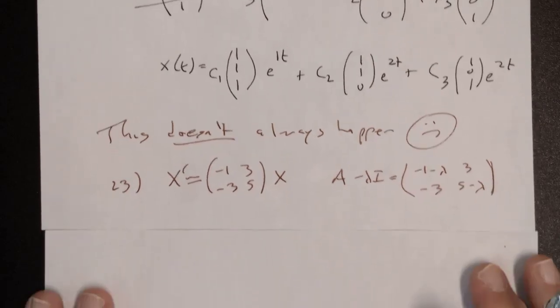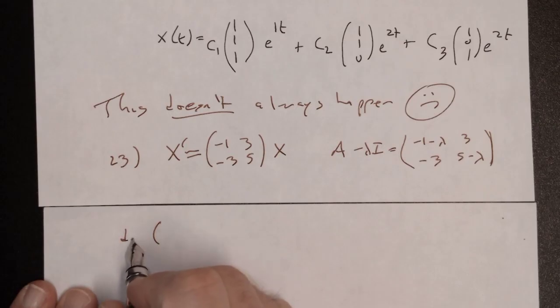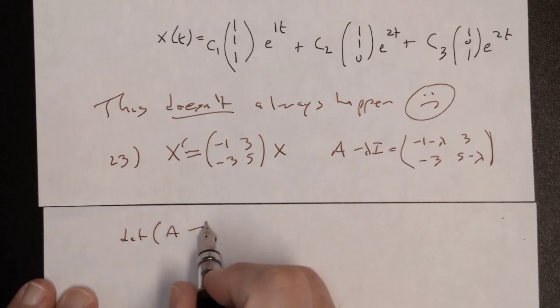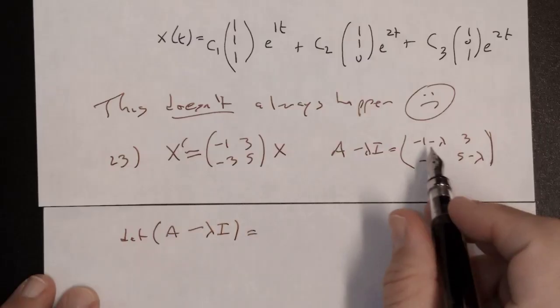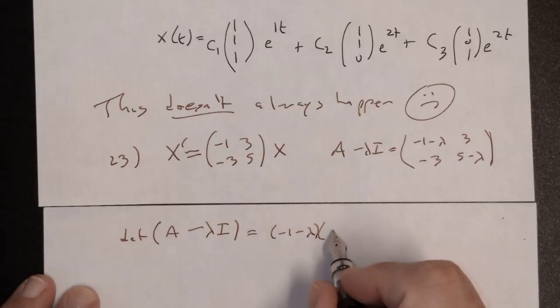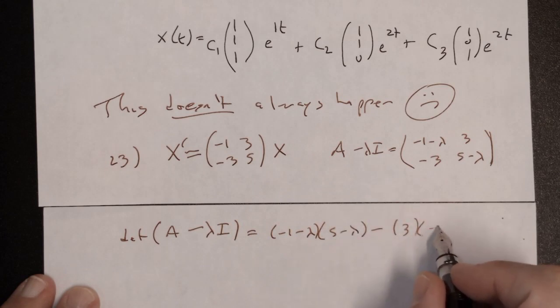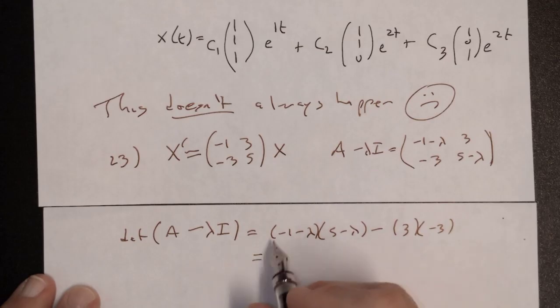So I want to take the determinant. AD minus BC: (-1 minus lambda) times (5 minus lambda) minus 3 times -3. So let's see.